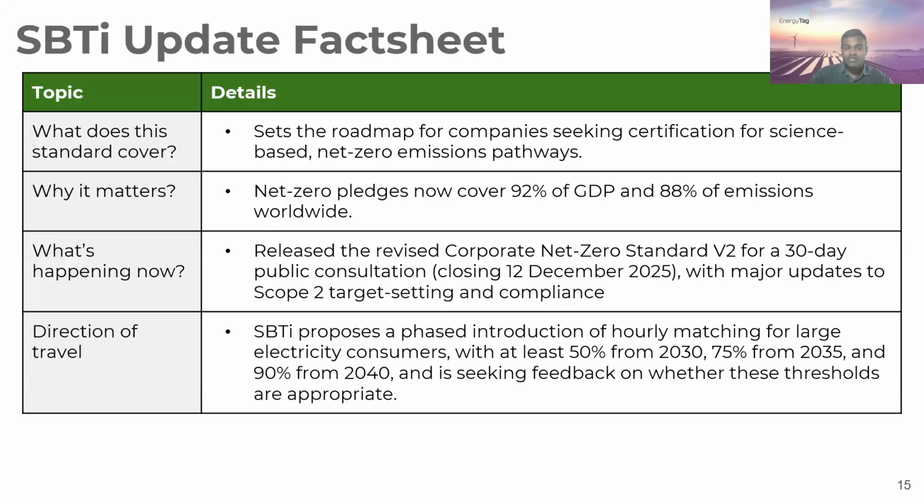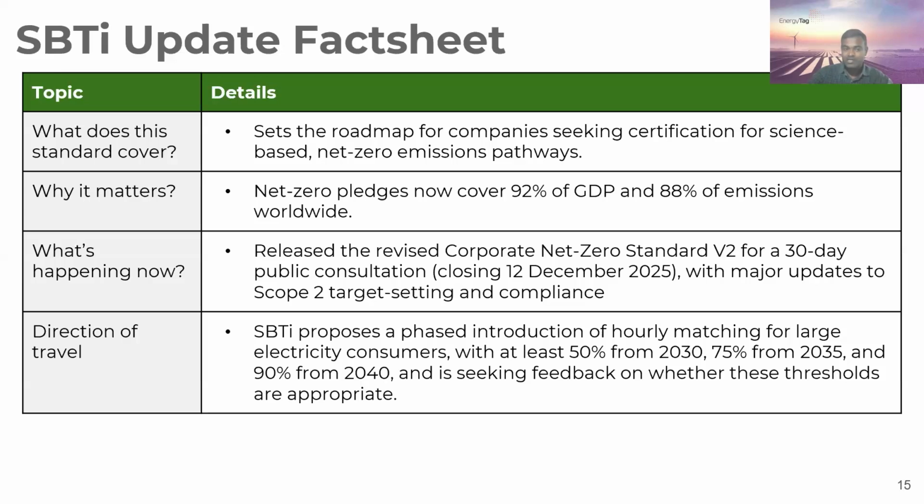What's happening now in the net zero standard is that SBTi released a revised Corporate Net Zero Standard version 2 for 30 days of public consultation, closing on 12 December. This is happening right now, with major updates to Scope 2 target setting and compliance.